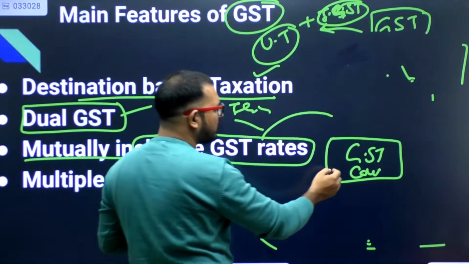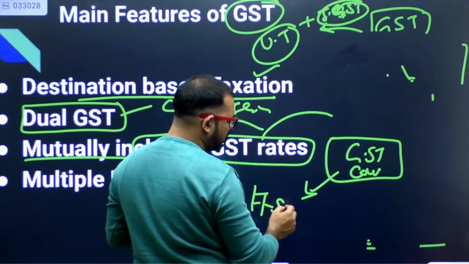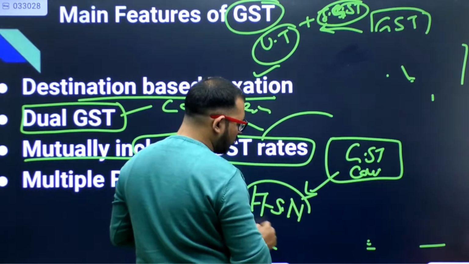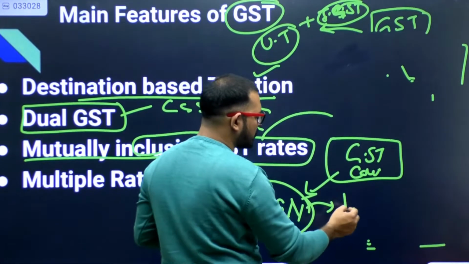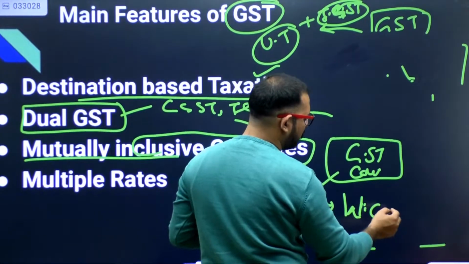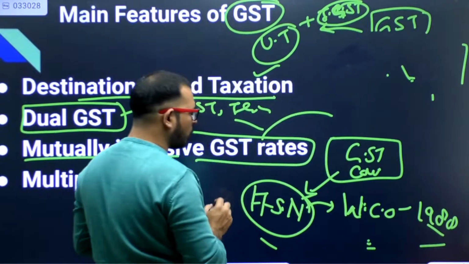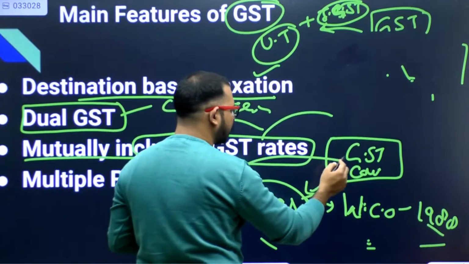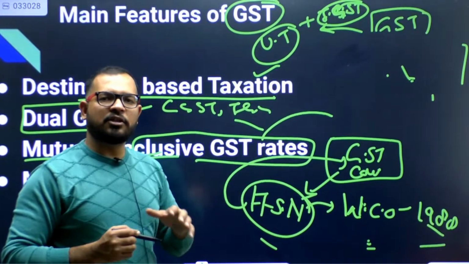Basically, there is an HSN code, Harmonized System Nomenclature code, which was developed by the World Customs Organization, WCO, in 1988. Based on this code, the GST Council decides what type of product will be charged how much.